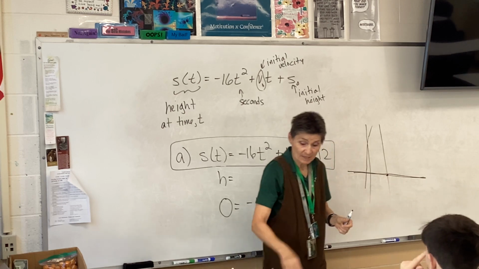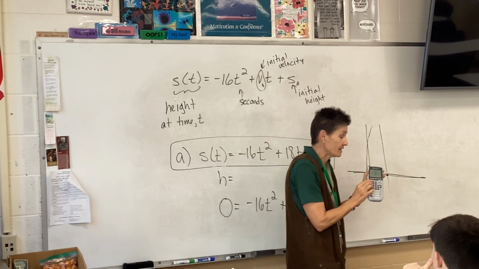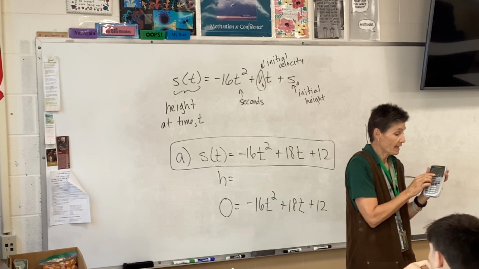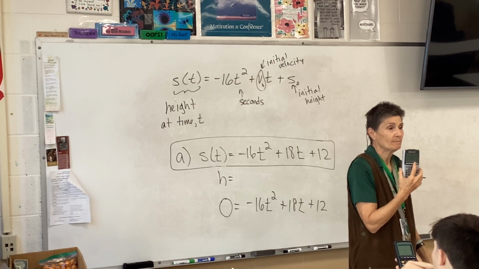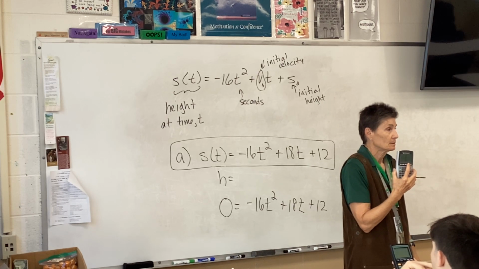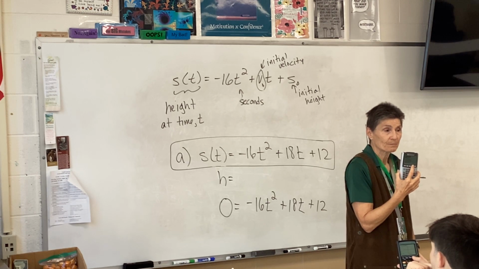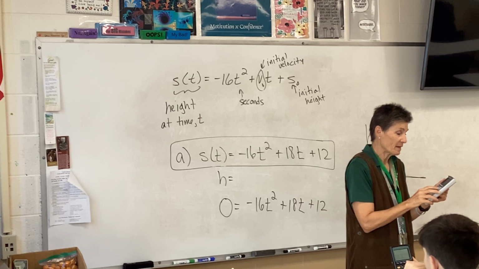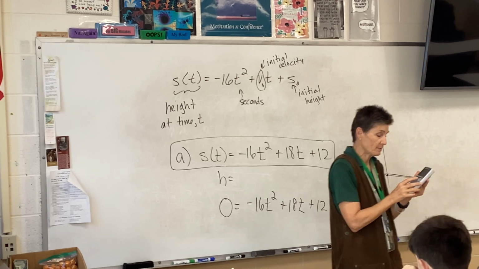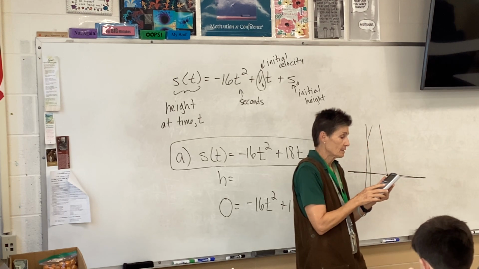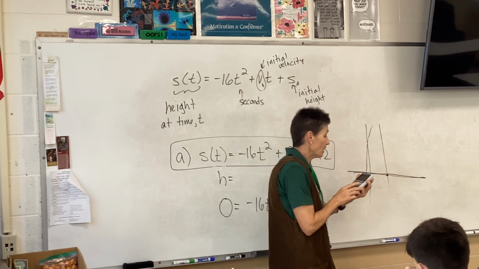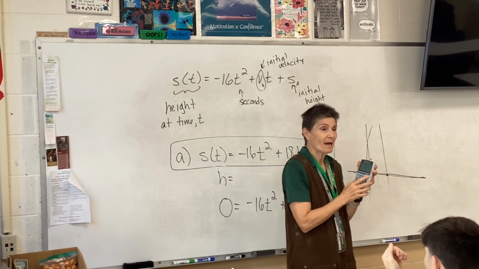We've already done this, let's do it again. We go to second, calc, that's the trace button. And then we pick 0, number 2 option, that's zero. And then the calculator is saying, where's your left bound?